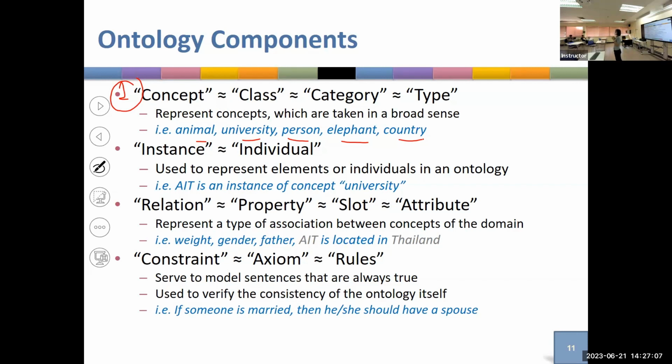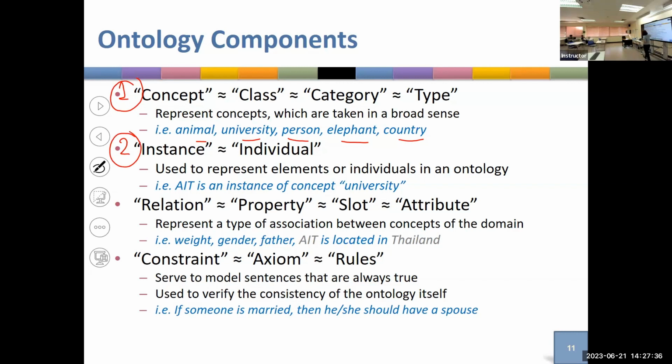So there is no class Shutiporn. Shutiporn cannot be a class because I'm not a blueprint. I cannot have Shutiporn instances, right? I'm an instance. That is the first component. Second, once you have a class, you can have instances or individuals or objects. These are synonyms.